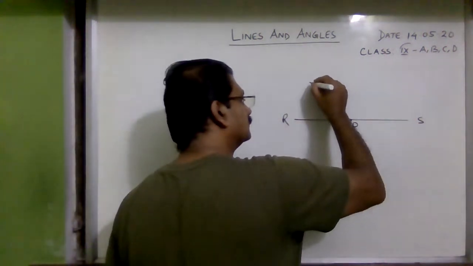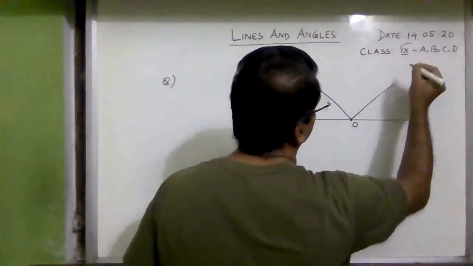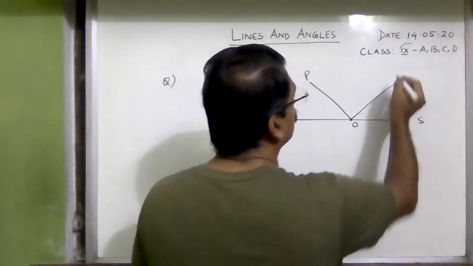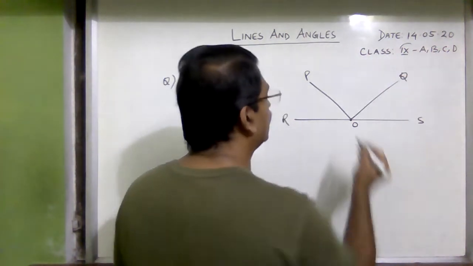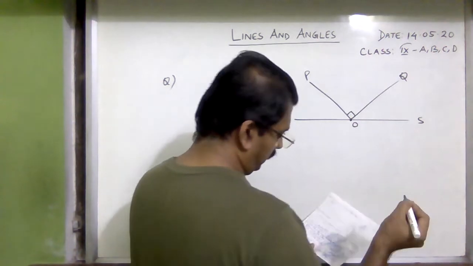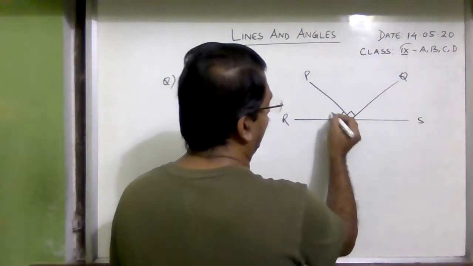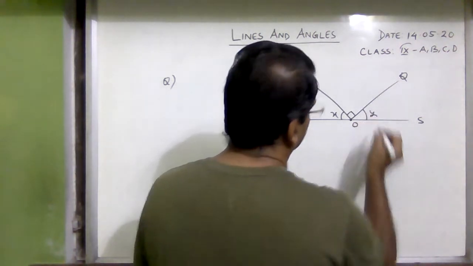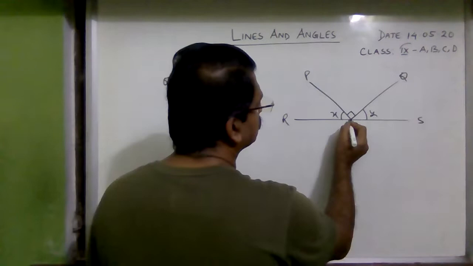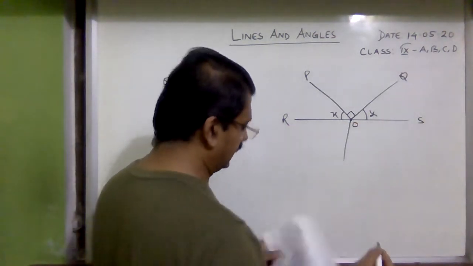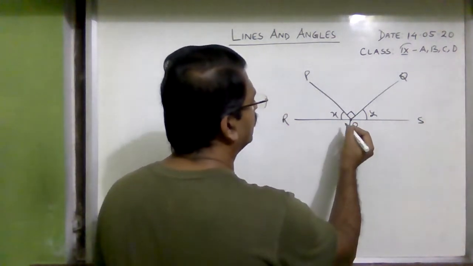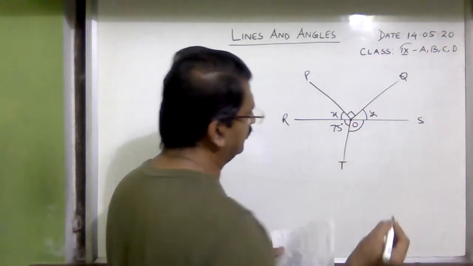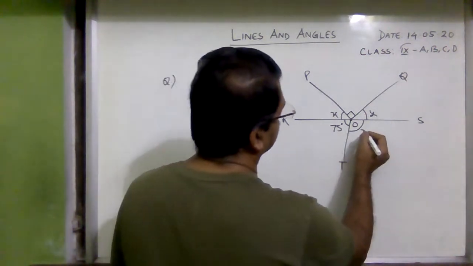Now this is P, this is Q. This angle is given 90 degree. This angle POR is given X, and this angle QOS is given Y, and one more line is there like this, OT. This angle is given 75 degree, and this angle SOT is given 3x.